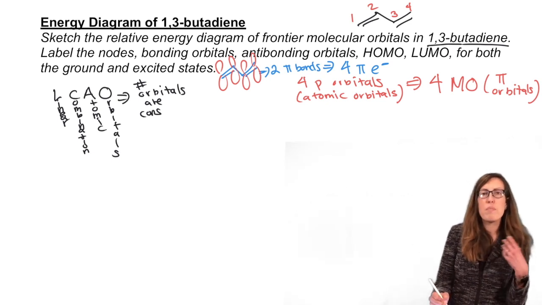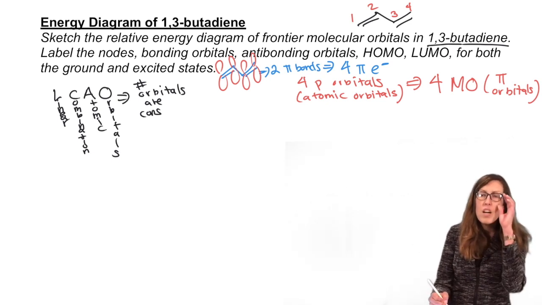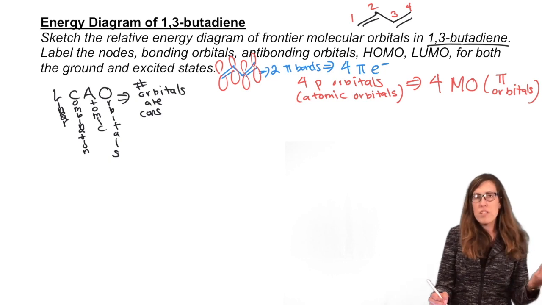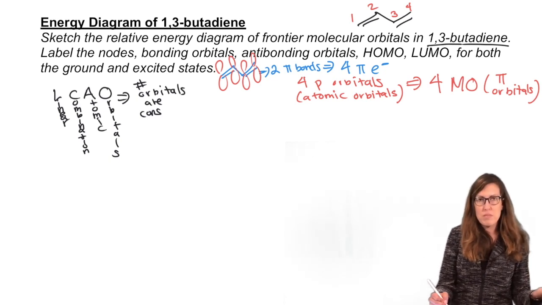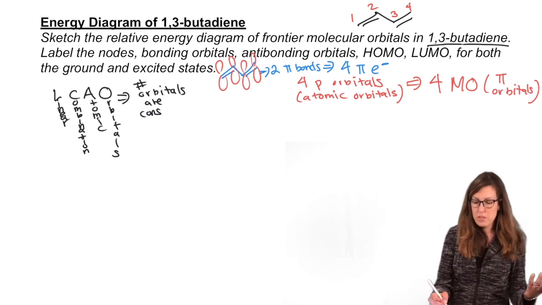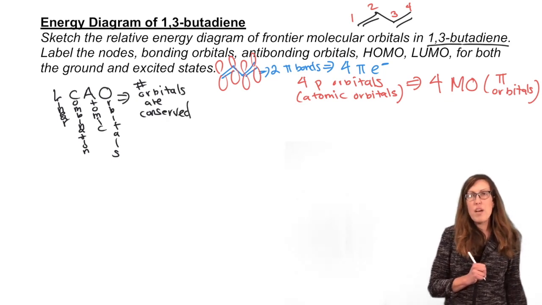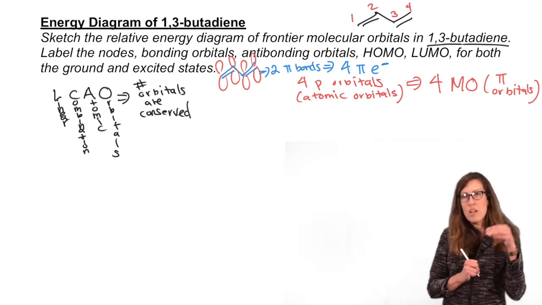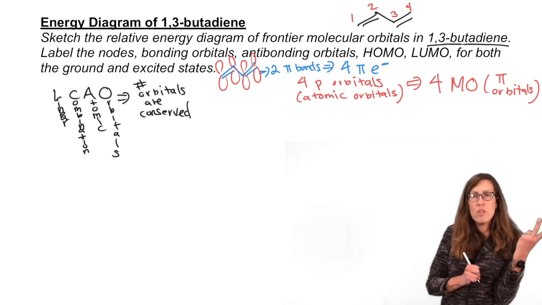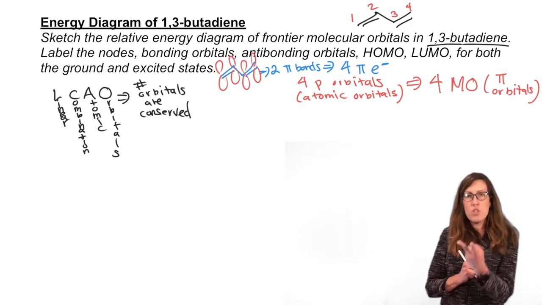So if you're trying to figure out how many hybrid orbitals you have, and you started with 4 different atomic orbitals, you have to have 4 hybrid orbitals. If you're going to have them all hybridized, you still have to end with the same number of orbitals. If you don't hybridize them all, then let's say we had 2 hybrid orbitals, you have to have 2 that are unhybridized.